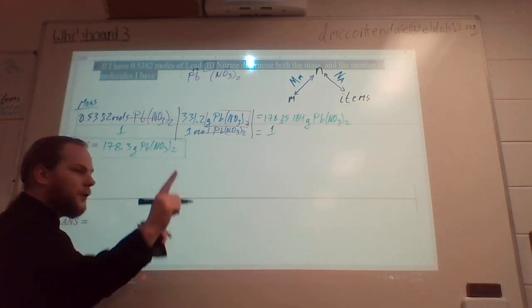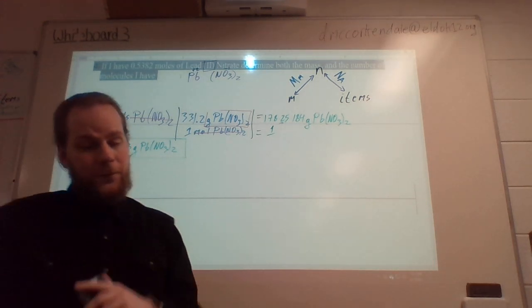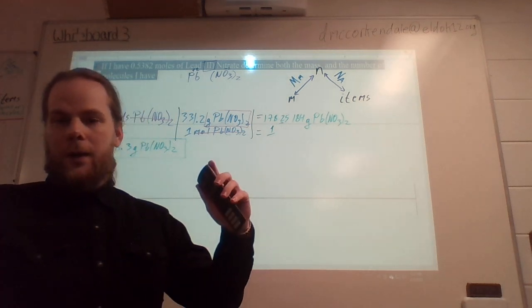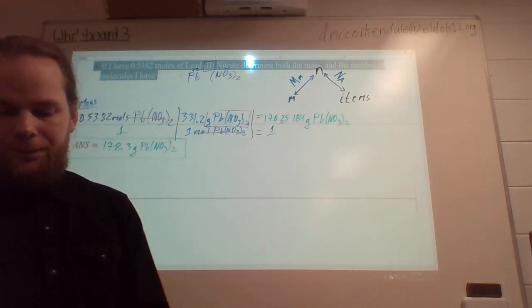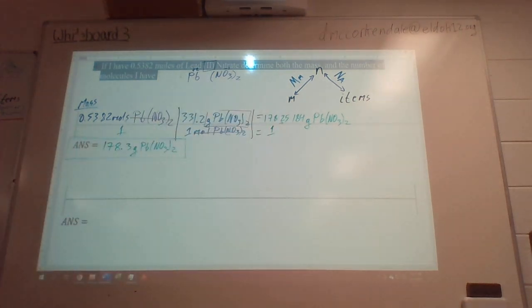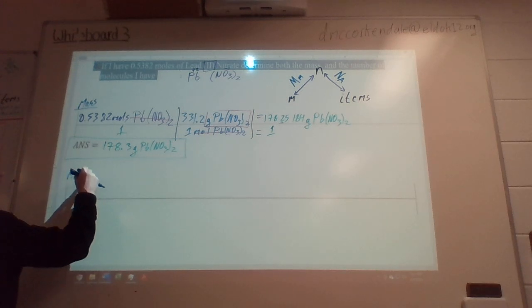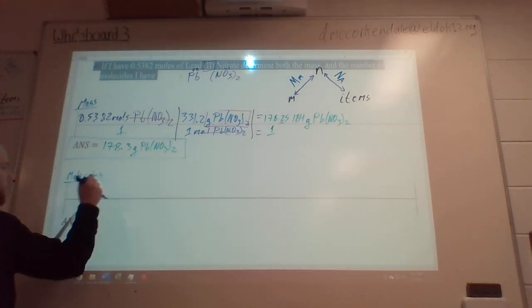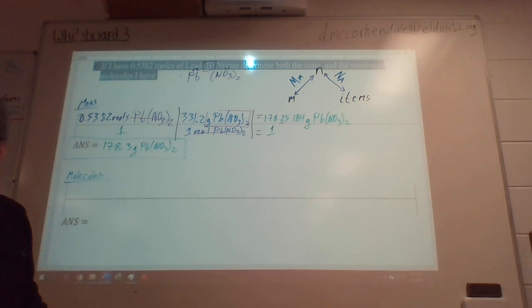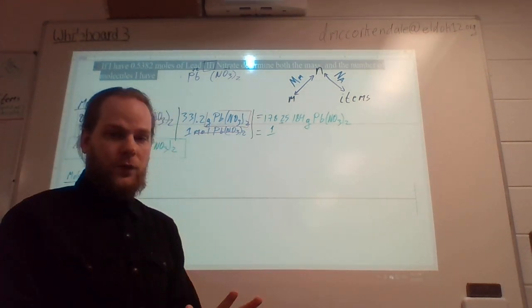Now, that is the first answer. That is the mass. Now we have to find the number of molecules. So for the second one here, we're looking for molecules. Now, we start in the same place.